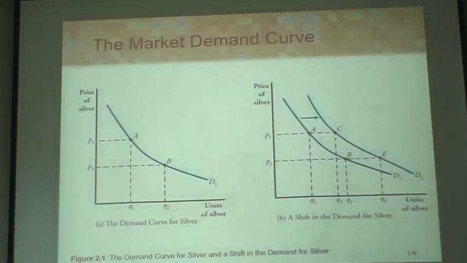So it's a demand curve for silver and a shift in the demand for silver. Let us say income goes up. If income goes up, you consume more, you buy more, right? And so the demand curve shifts to the right. So, increase in demand.